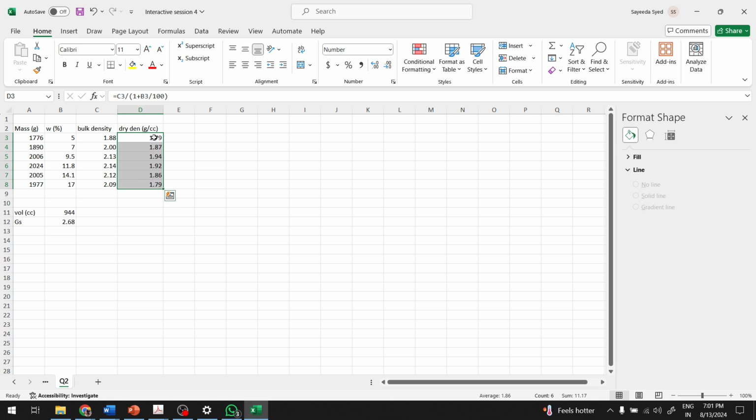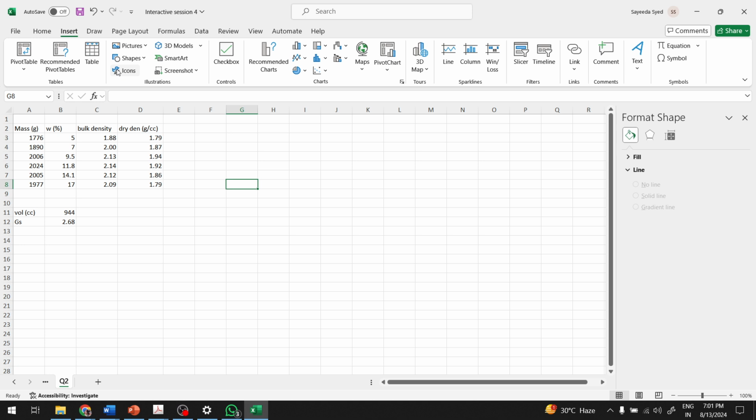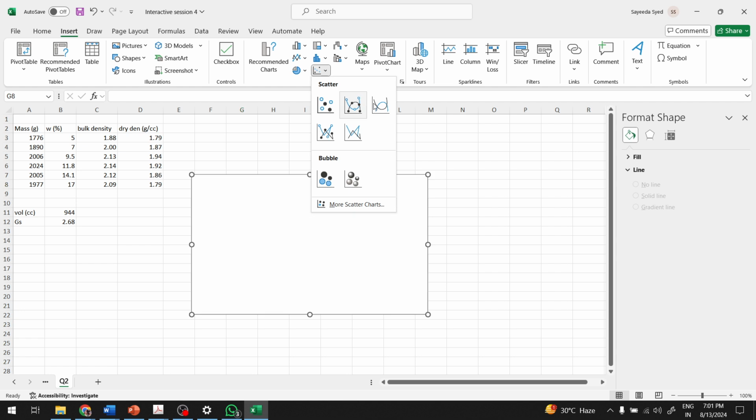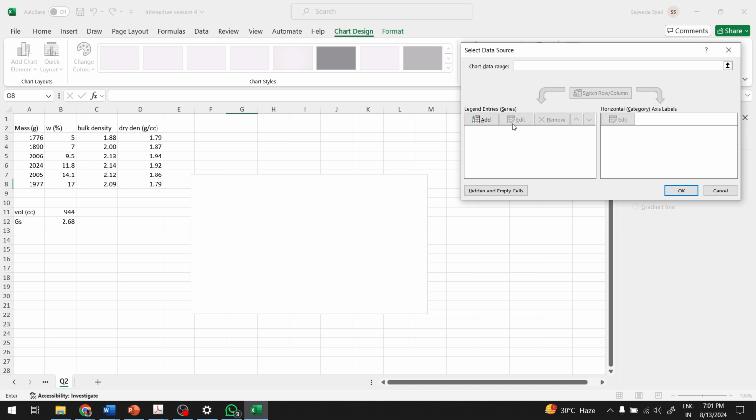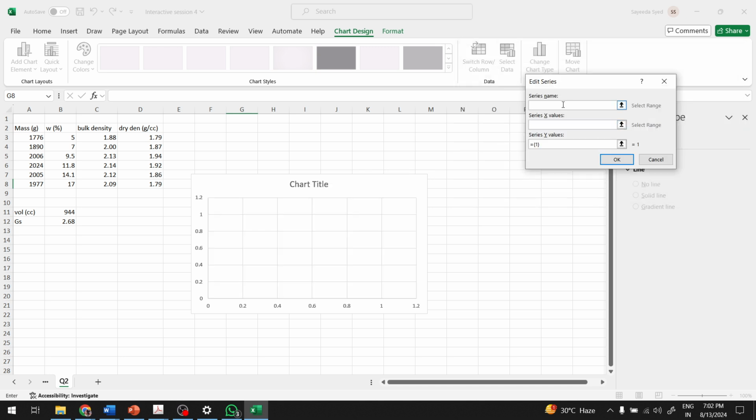Okay, so this is our dry density, and now we will draw the compaction curve between the dry density and the water content in x-axis. Insert a chart, select data, add series name, compaction curve.